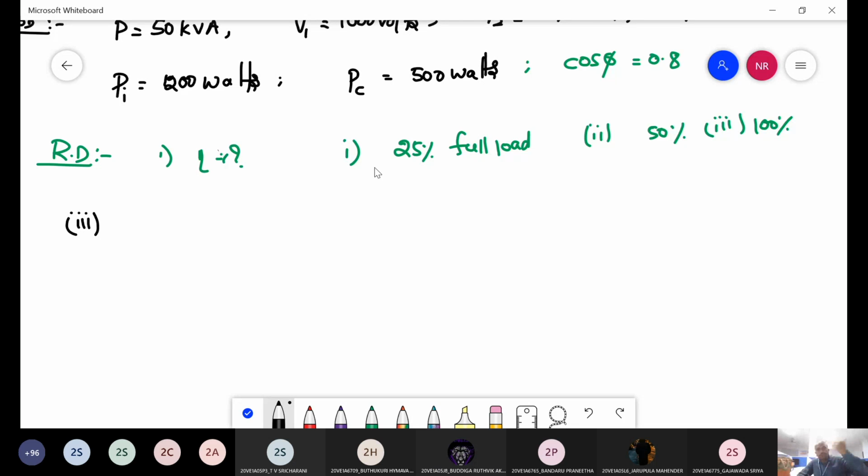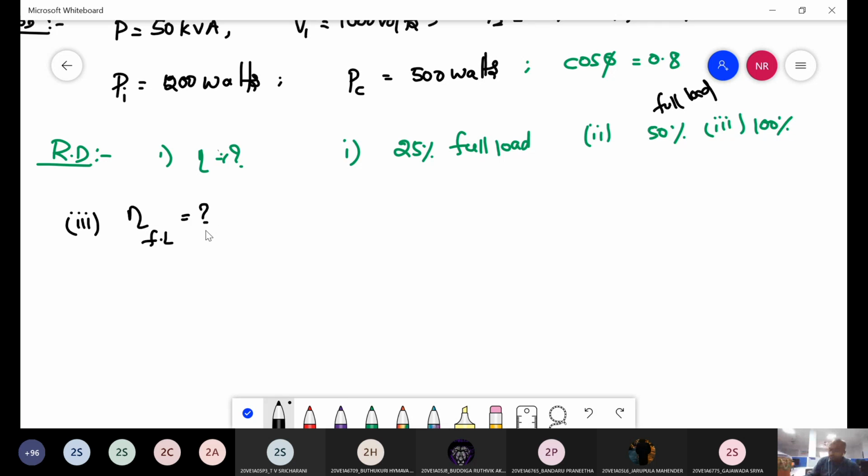Whatever the full load, in that full load I am running the transformer at 25%. Here also it is 50% of full load. At 50%, I am operating at 50% of its full load capacity. That's the meaning. So here efficiency 100% means full load. We have to calculate the efficiency at 100%.